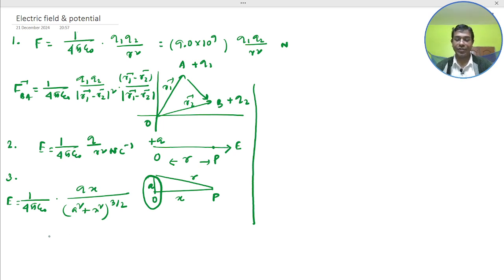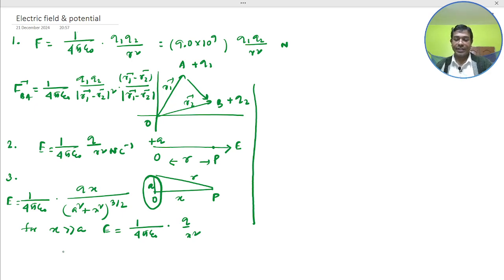If P is very far from the center of the ring, for x greater than A, E equals 1 by 4 pi epsilon naught Q by x square.